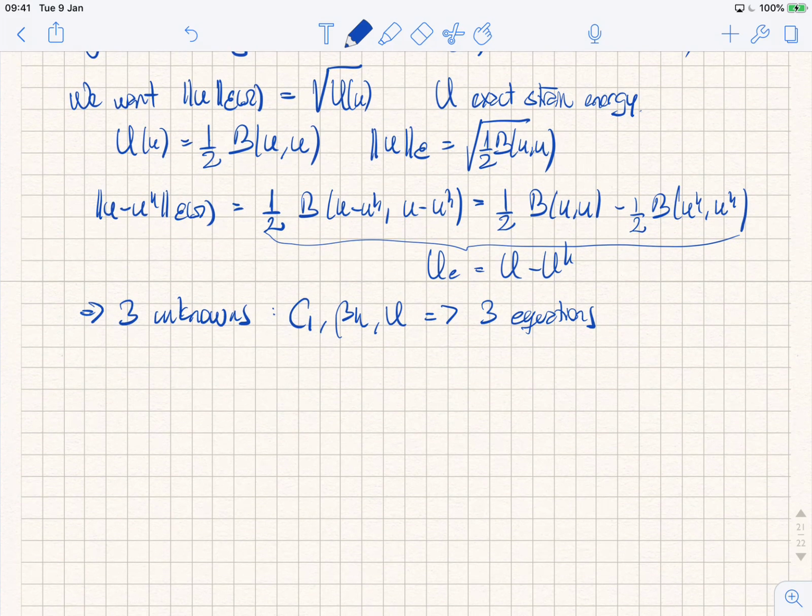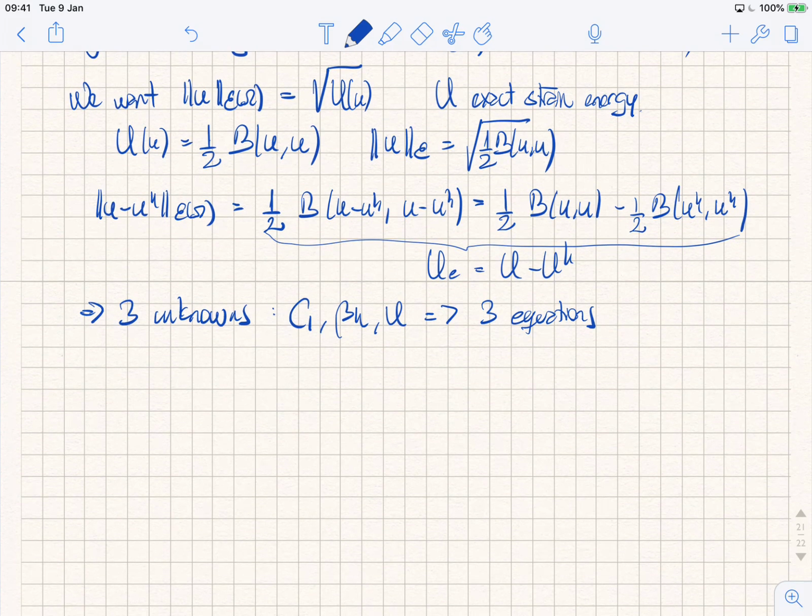So what you do is take 3 different finite element solutions where you're decreasing the mesh size. With those 3 solutions, we're going to write these 3 equations and try to extrapolate what would be the exact strain energy for our problem.